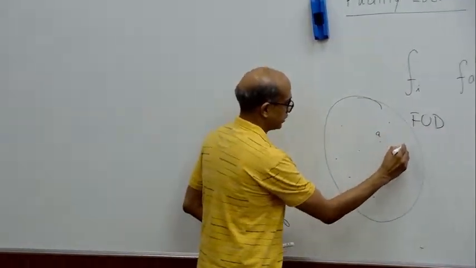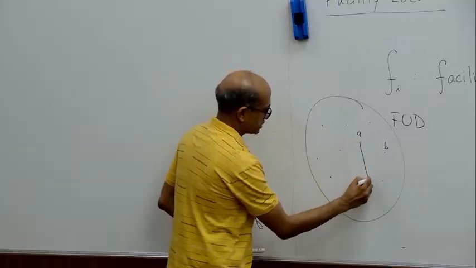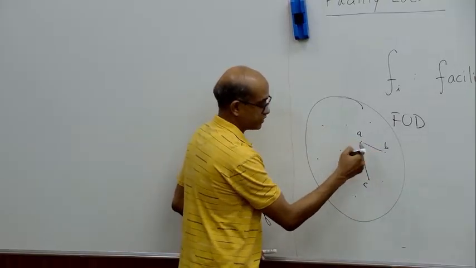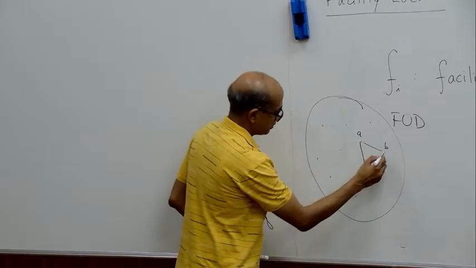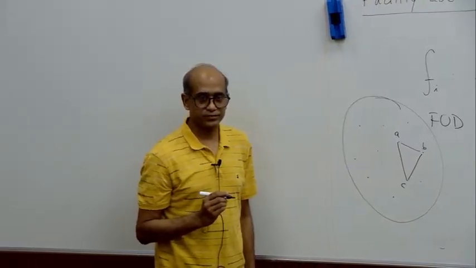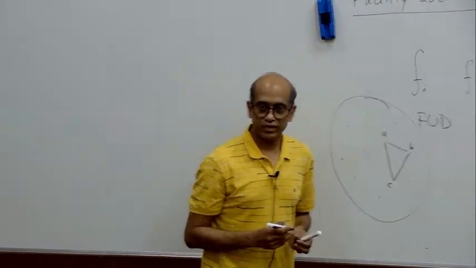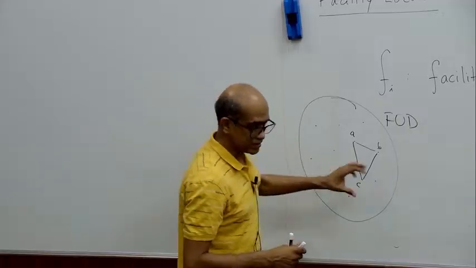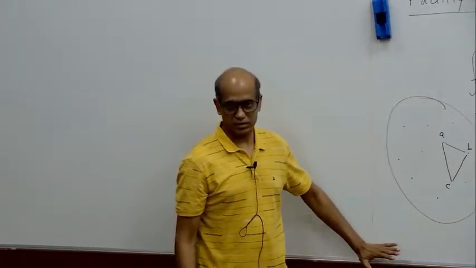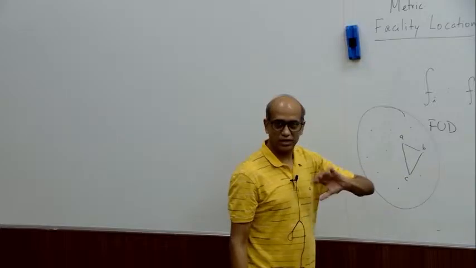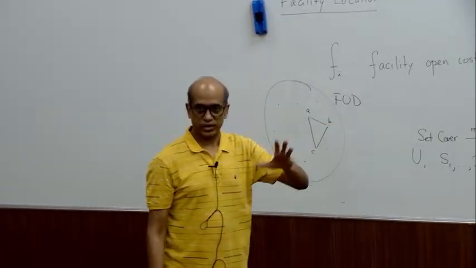If you give me 3 points A, B, C, then the distance between A and C is less than or equal to the distance between A and B plus the distance between B and C. This is called triangle inequality, and I'm going to assume that they satisfy it. And it's natural, right? If points are in the plane, or in any 3D space, you know that that's how it will be.